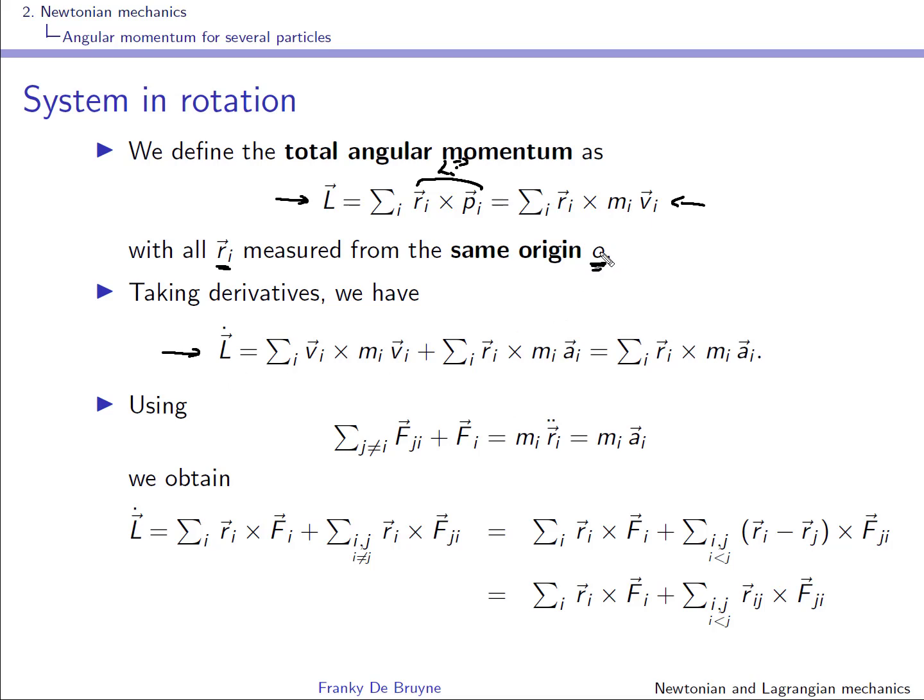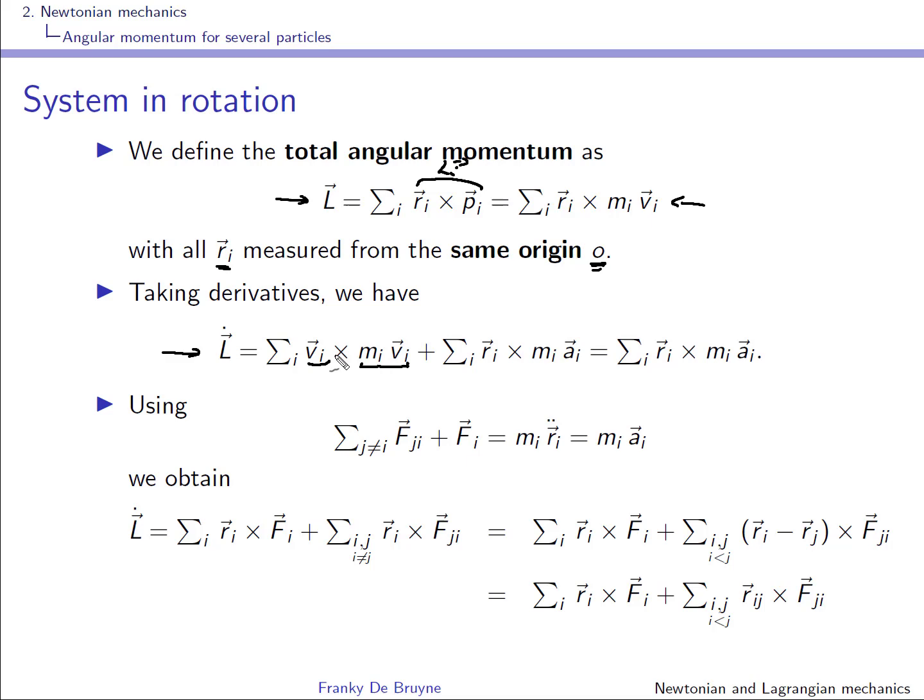Again, two terms. The first one where we take the derivative of this one with respect to time. So this will involve the velocity vector of particle i, and this one here is the linear momentum of particle i.